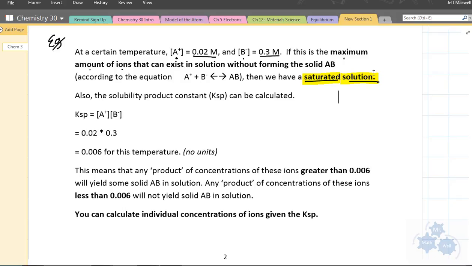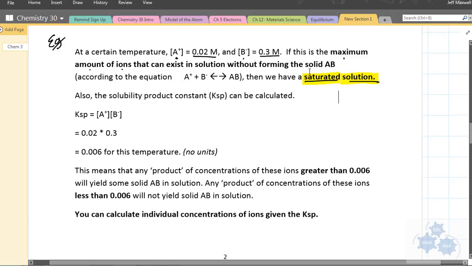So if you think about that in a solution, we're adding more solid, we're stirring, it's still dissolving, but there comes a point where any more that you add wouldn't dissolve. That's the point where the solution is saturated. So if these are the maximum amounts that can be dissolved before it forms AB again, then the solution is saturated.